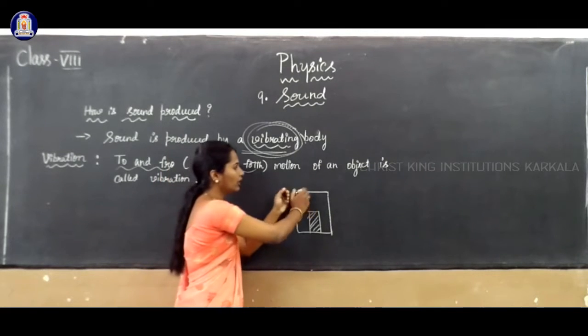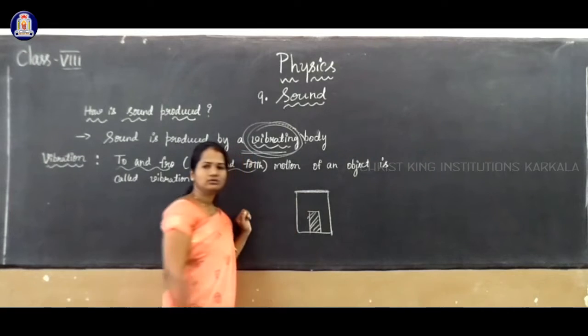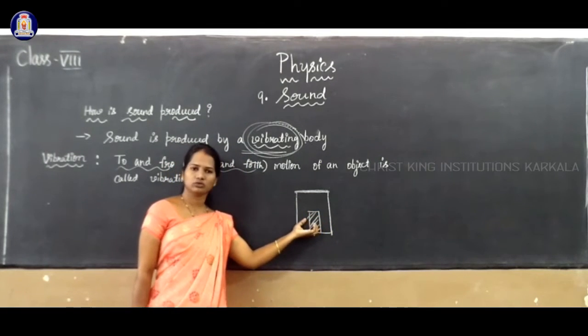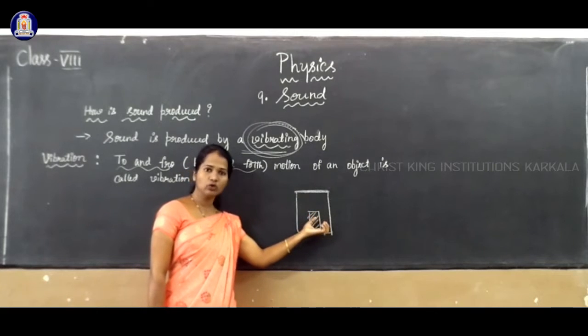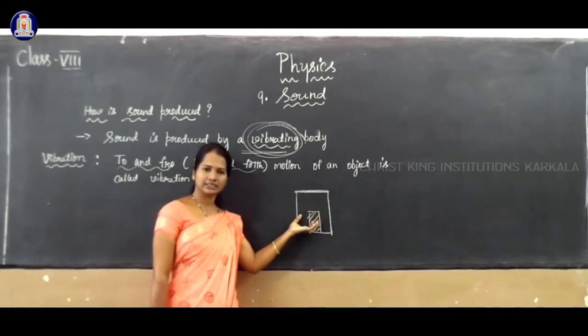Stretch the balloon and close the mouth of the tumbler. Now call the mobile phone or use some ringtone, so that the mobile phone starts ringing.